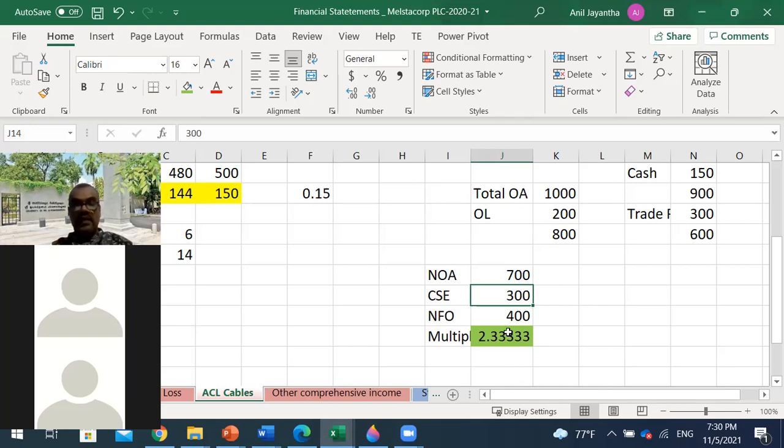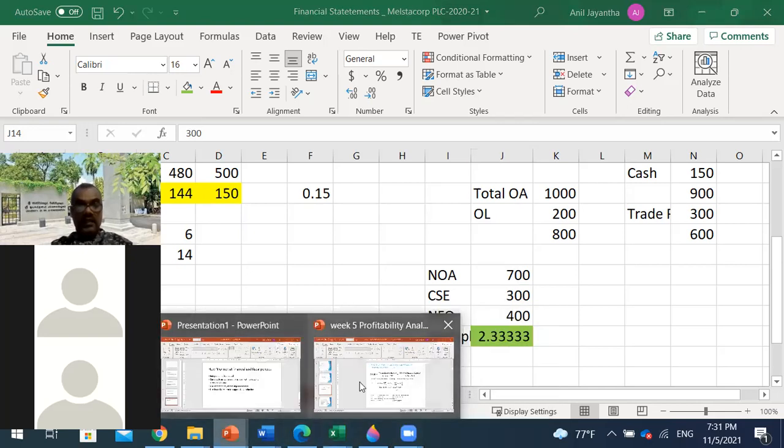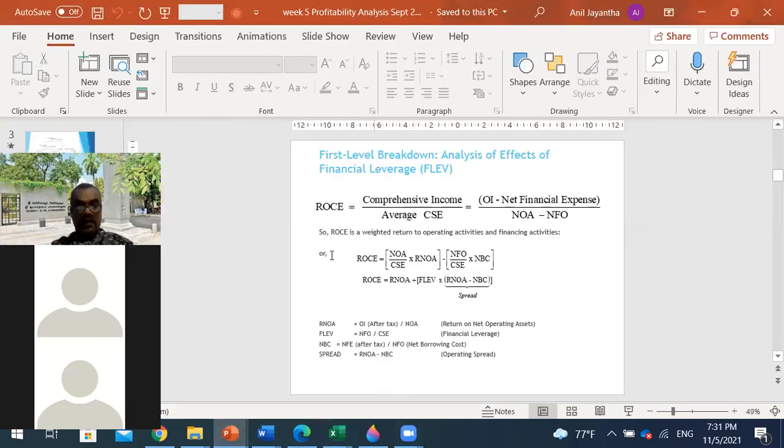This multiplier has an ability of multiplying profits if you can maintain such operating capacity. So that is the reason we look at this decomposition, right? So in our class of financial statement analysis, our objective is not to simply calculate the things.